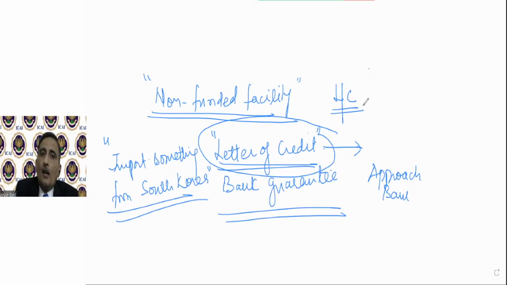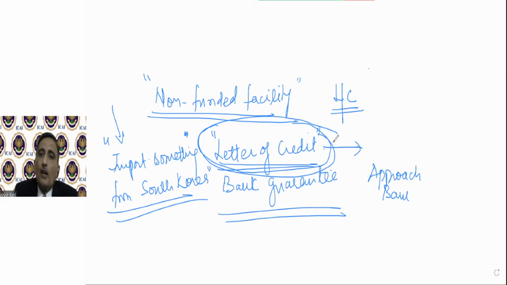So now suppose the Indian customer who has received the goods does not make a payment on time.